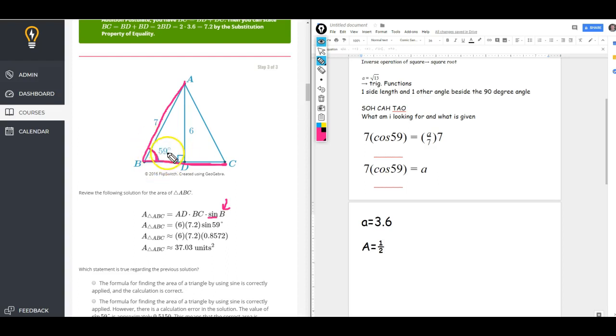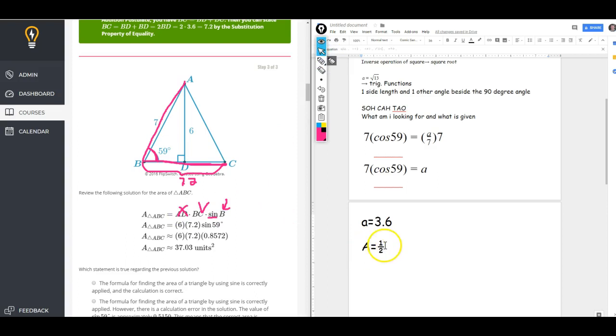In math, it's called the included angle. I just call it the sandwich angle because it's easier for me to remember. So we have segment BC, which was the 7.2, so that was correct. Segment AD is not one of our side lengths that would create this sandwich, so that's incorrect.